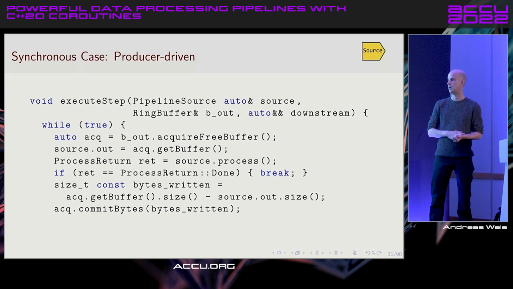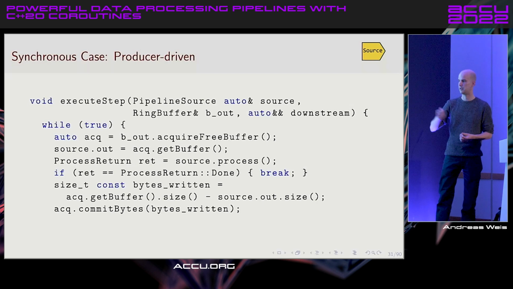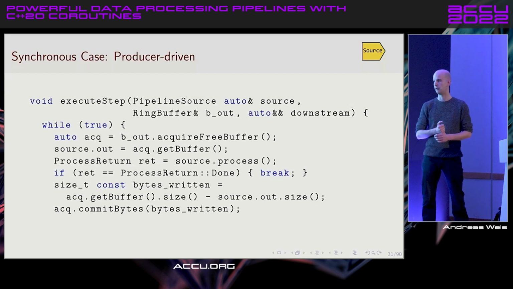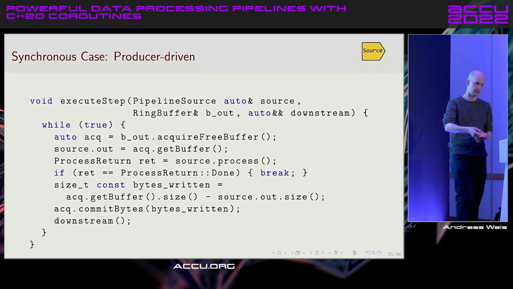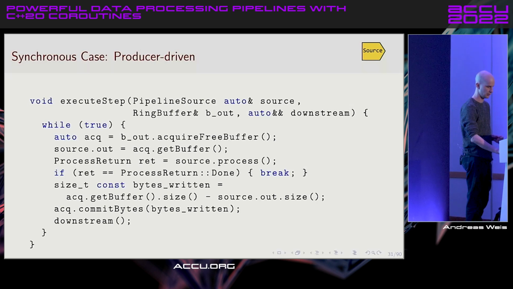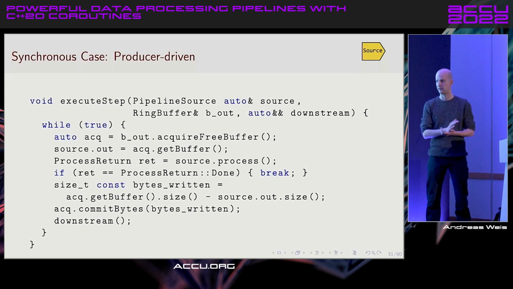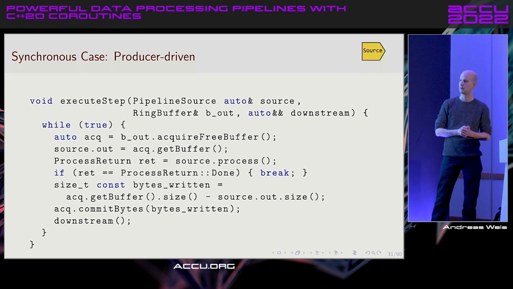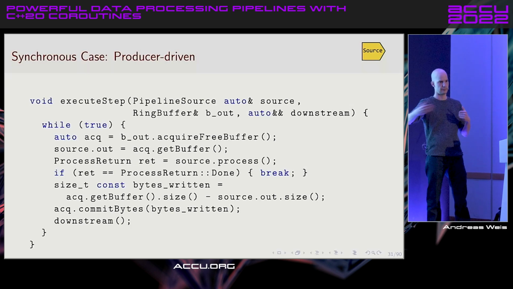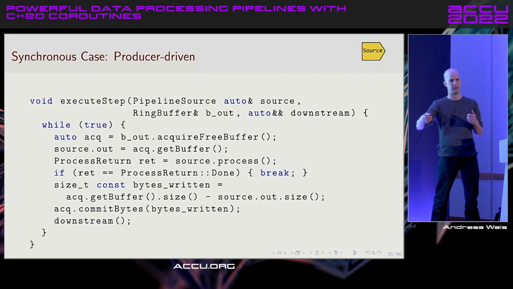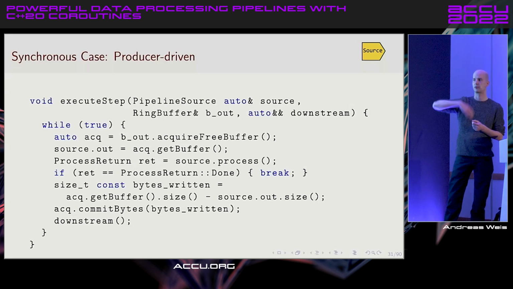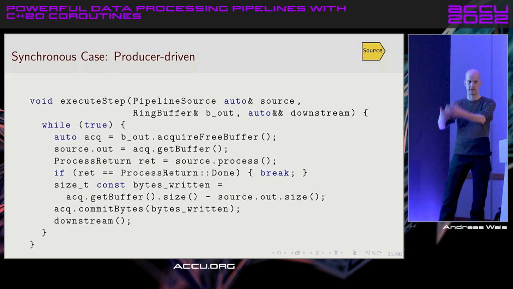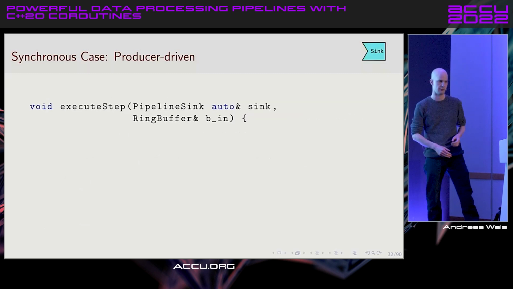Otherwise, I'm going to look at how many bytes have been written through the processing, and commit the number of bytes so that my downstream can consume them. And then I actually have down here the function call to the downstream. So that is the mysterious third parameter here. The way that this works is this call chain that we mentioned before, right? The source calls its downstream step, which then goes through the same hoops, calls the downstream again. So I have all the functions on the call stack in the end.